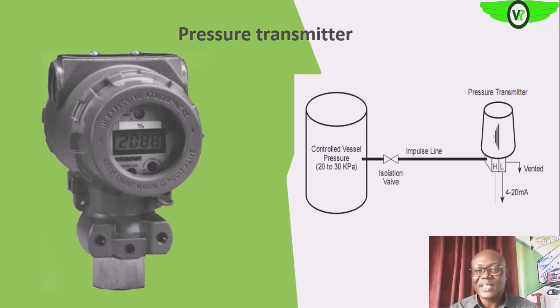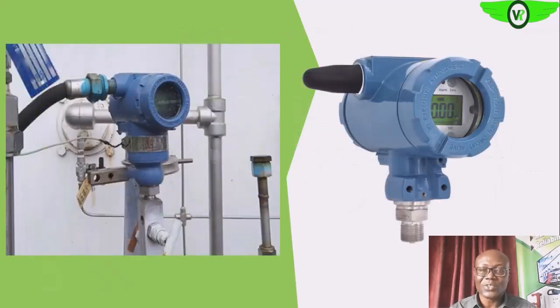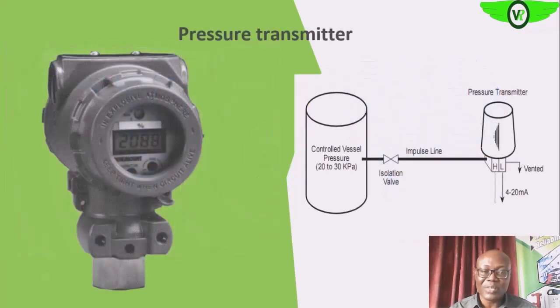It amplifies and sends the result, the amplified result to where that result will be used. So these are examples of pressure transmitters. Okay. So in most designs these days, we have both the sensor and the transmitter in a single transmitter unit. Okay, like we have here.